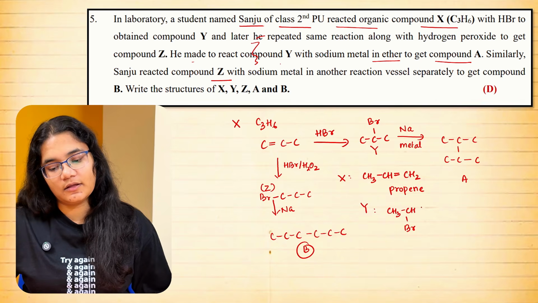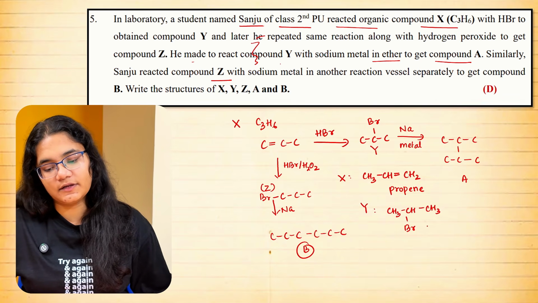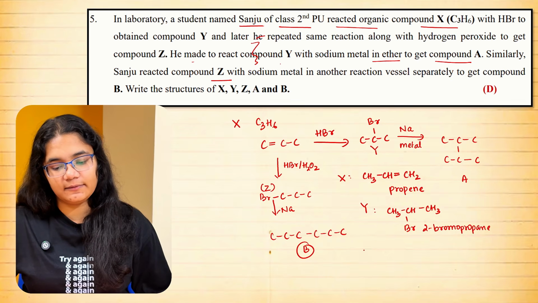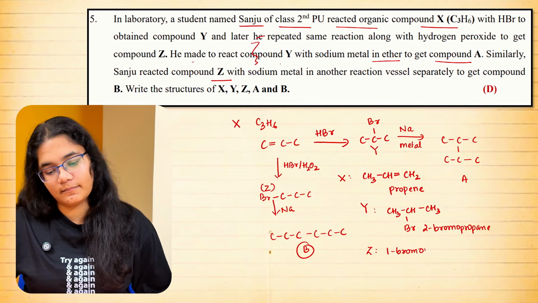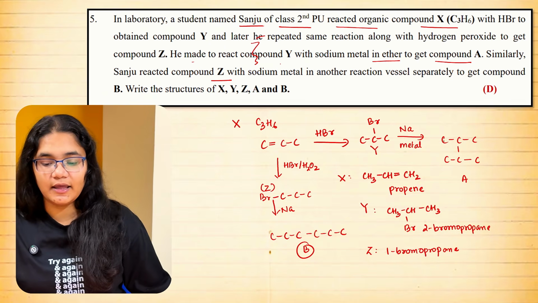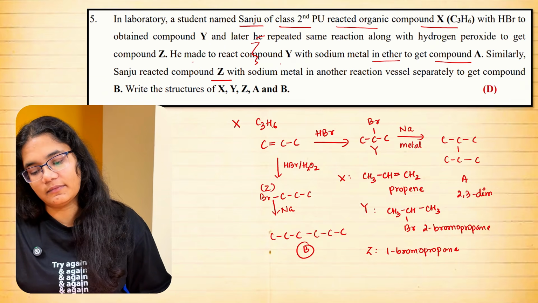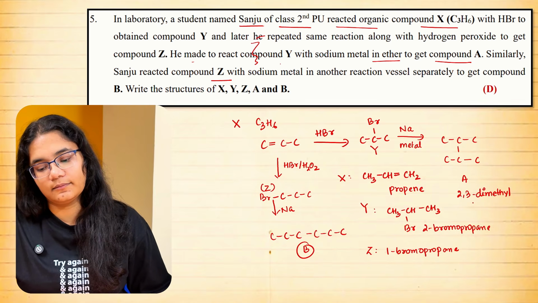CHBr CH3, that is 2-bromopropane. Next, what is Z? Z is 1-bromopropane, because it is anti-Markovnikov addition. And A is what? A is 2,3-dimethylbutane.